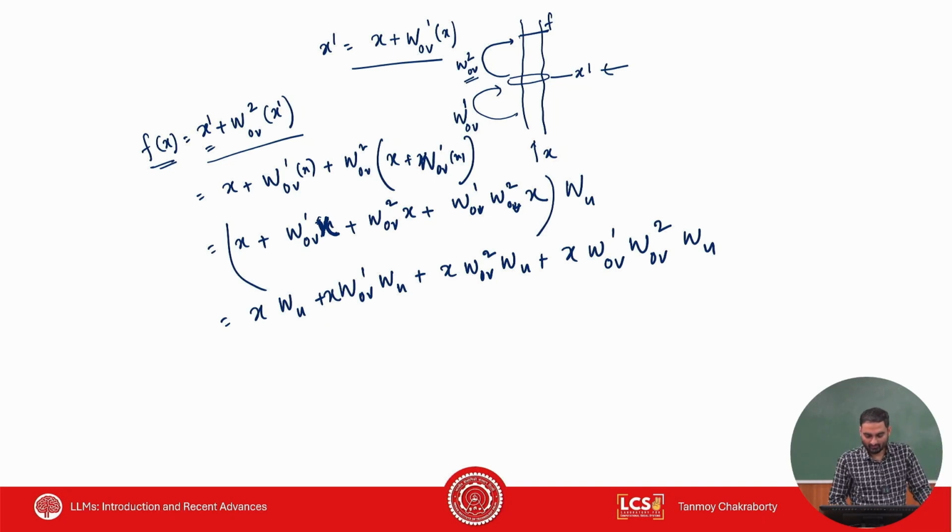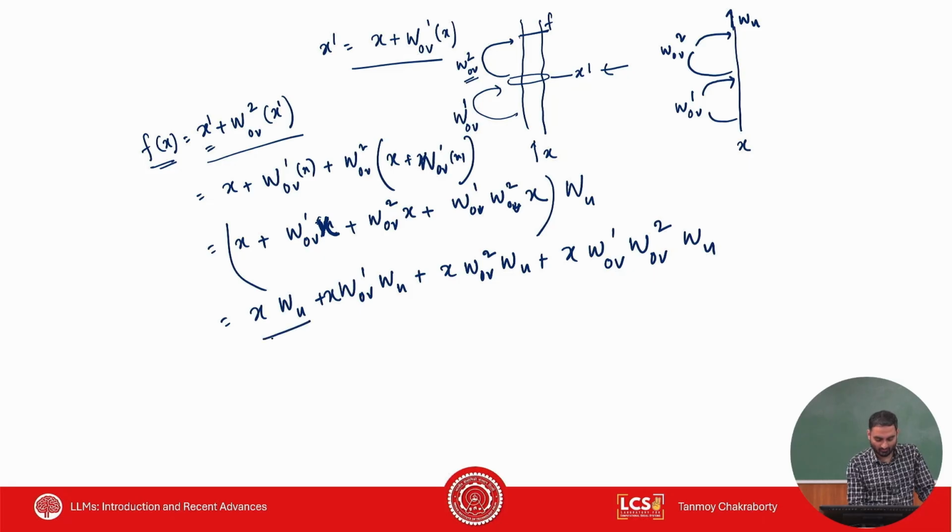So if you look at these individual operations, what I have done so far, this is the residual stream, this is X, there is this WOV1, there is this WOV2, and then WU. Look at the first component. What is this? This is just XWU.